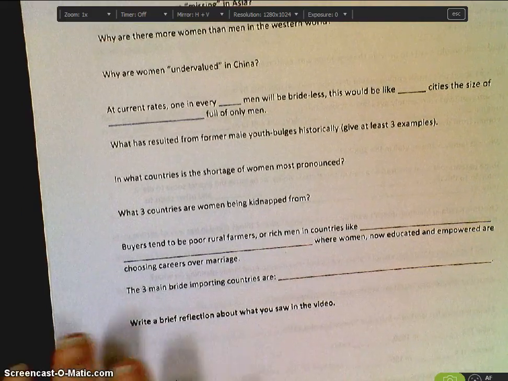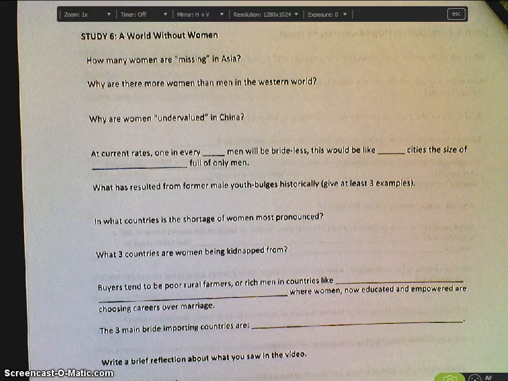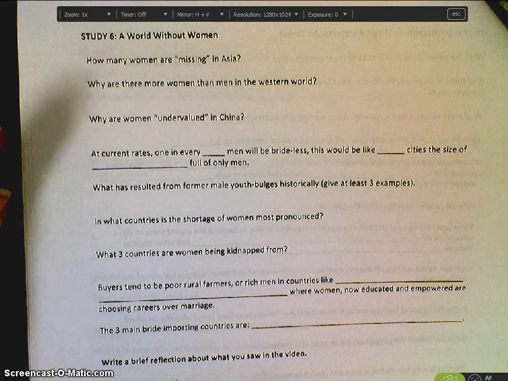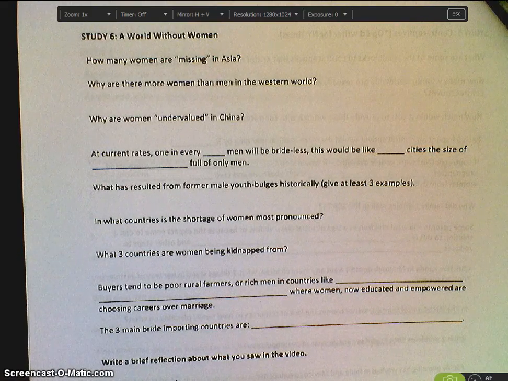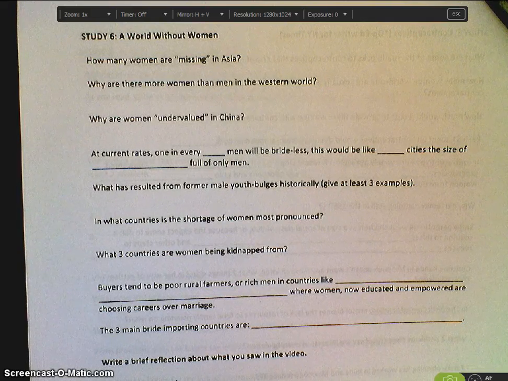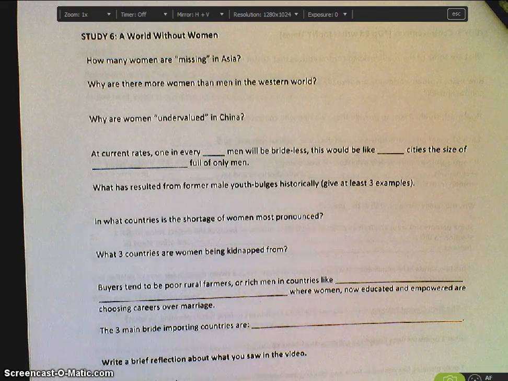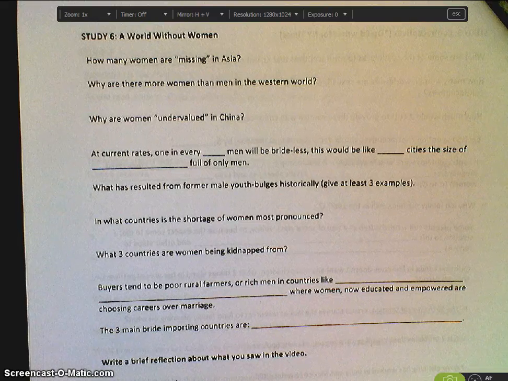Okay, moving on. World Without Women. You see a big blank here at the bottom. It was a very emotional piece. But one of the things that you see at the top is we see China reflected again. Think back to case study 2. We're talking now about consequences to the one-child policy. And so again, we're making links, we're weaving a thread throughout the curriculum that you can go back and rely on and study the connections.